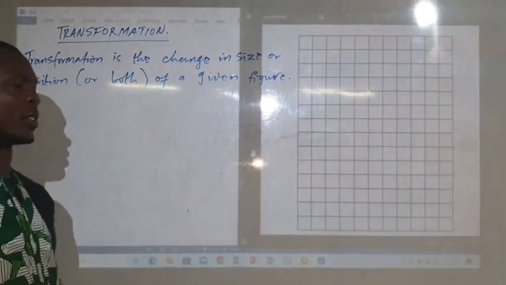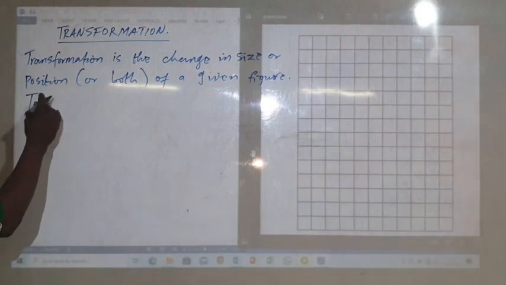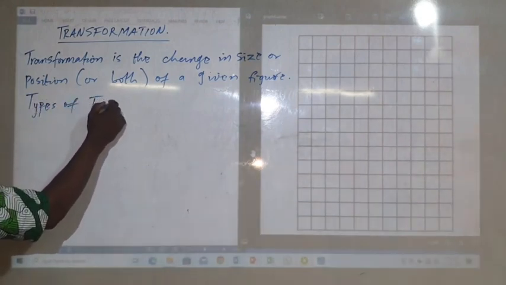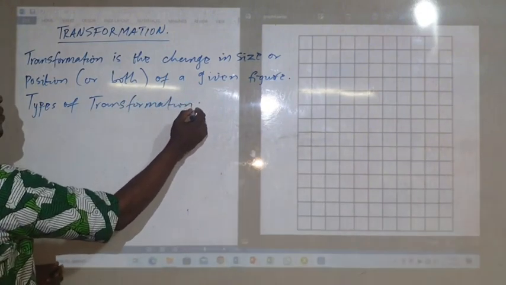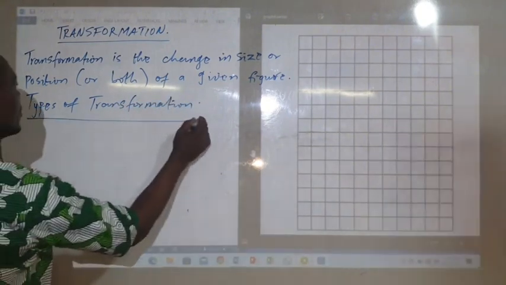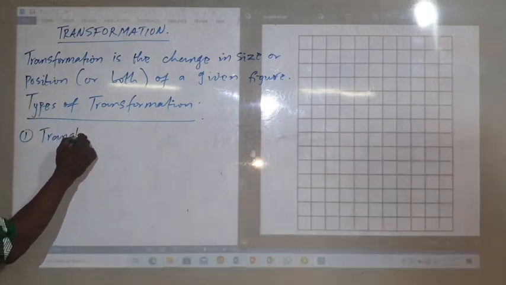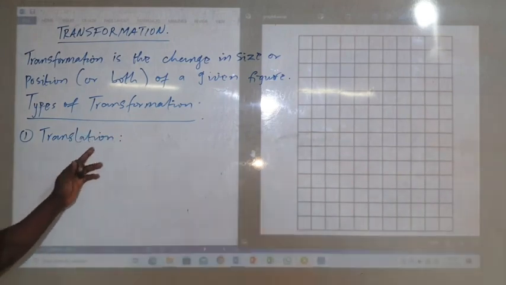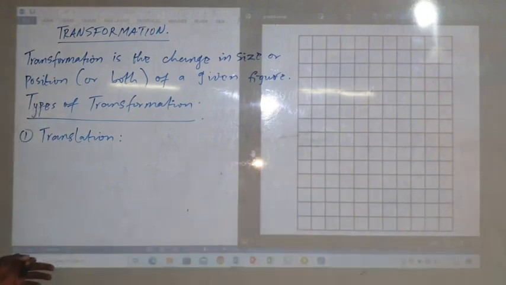Then we have types of transformation. The first one, we have translation. This is the movement of any given figure in a straight line.